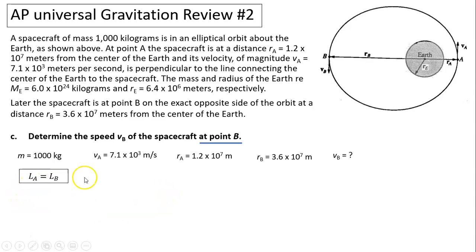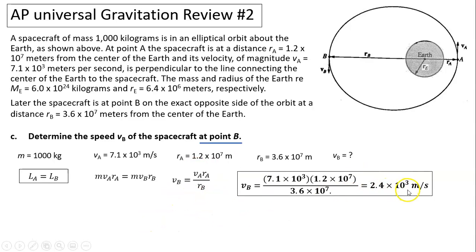So angular momentum at A should be equal to angular momentum at B. So m VA times RA equals m VB times RB. This is angular momentum, which we derived in the last question. Substitute everything in, and you should have VB equals 2.4 times 10 to the 3 meters per second.